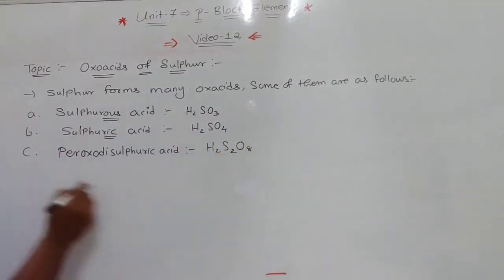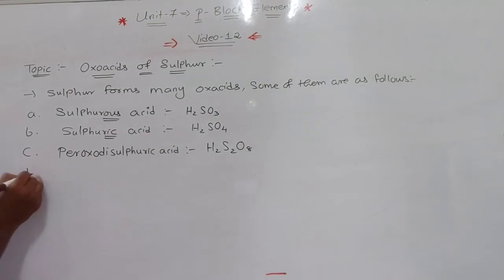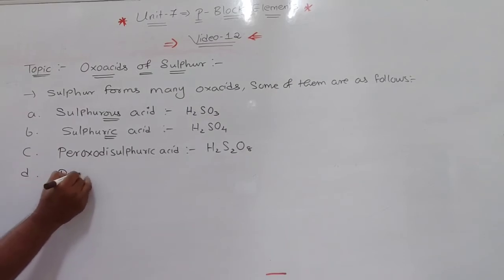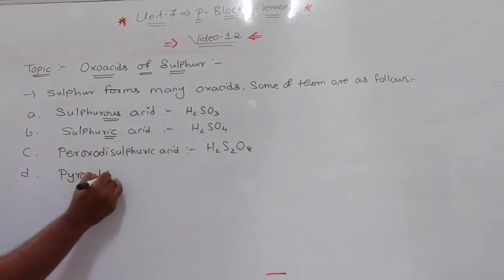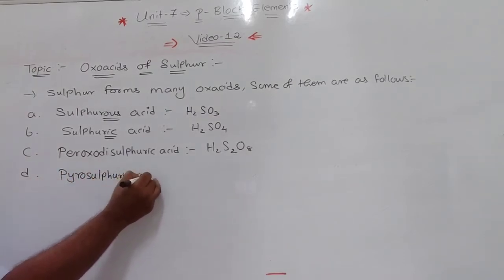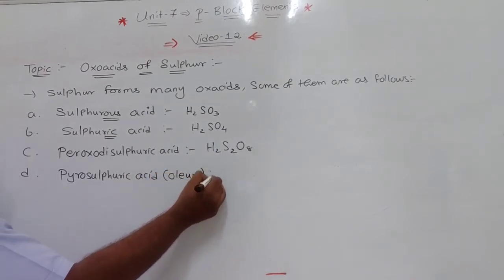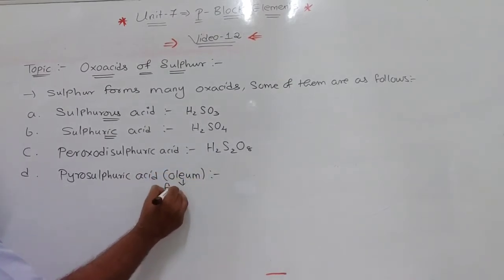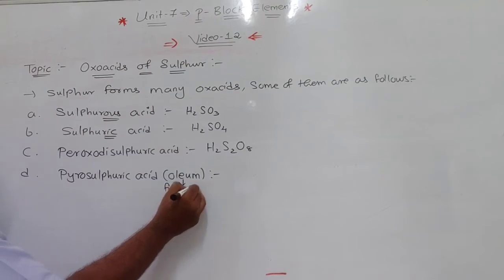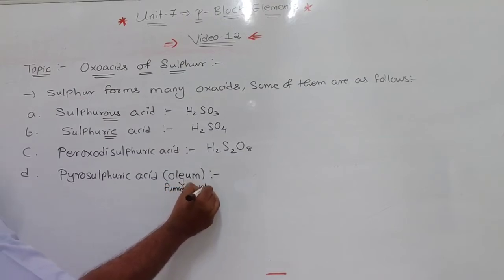Then the fourth one, given in your book, is pyrosulfuric acid. Pyrosulfuric acid is also called oleum, or another name is fuming sulfuric acid.